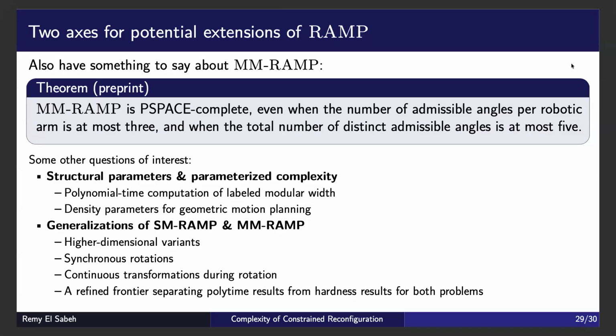Maybe have them shrink or expand, and do all sorts of funky things as they're rotating. But as a long-term end goal, the hope is to reconcile some of our results with some of where people are stuck in terms of graph reconfiguration problems.